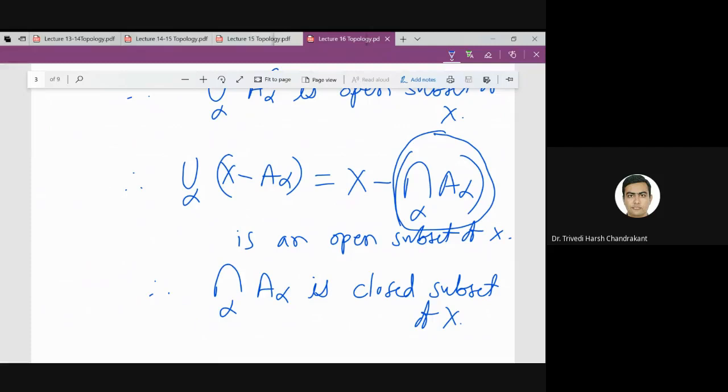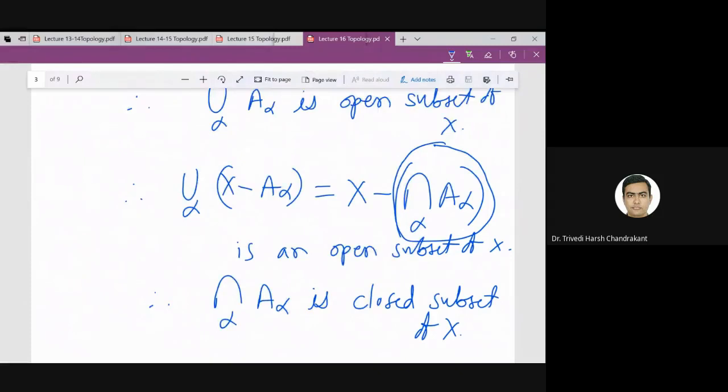Basically we are using the property that an arbitrary union of open sets is open to prove that an arbitrary intersection of closed sets is closed.